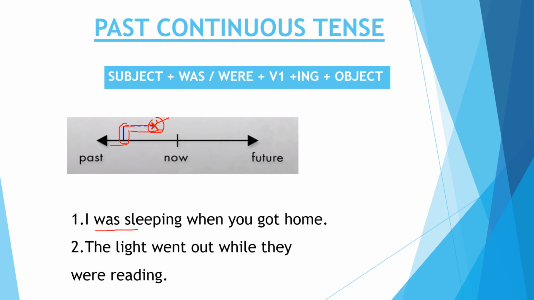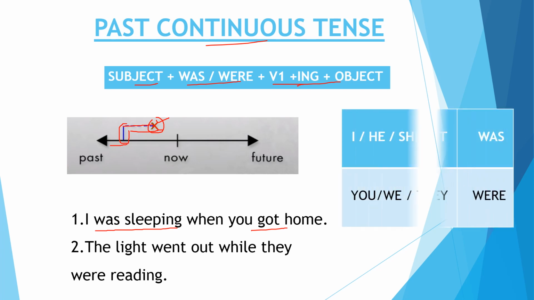I was sleeping when you got home. So was sleeping is a longer action. So here we used past continuous for this. So what is the sentence structure? Subject, was/were, verb first form plus ing. For continuous we use ing. You can see here with I, he, she, it we use was.